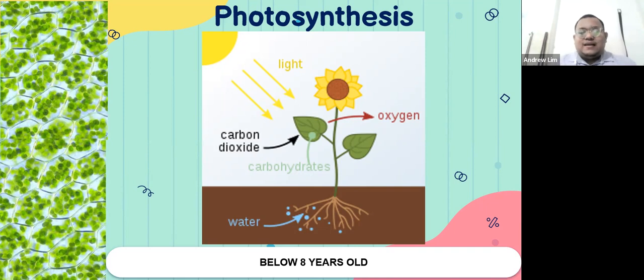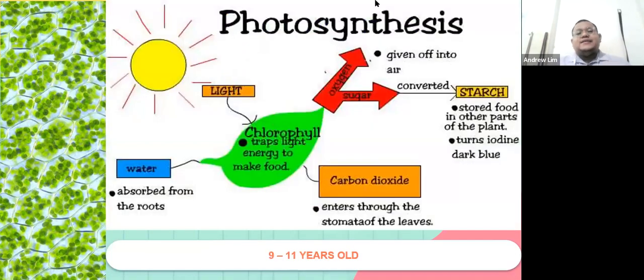All right. If you are 9 years old to 11 years old, do take note. You need to understand this terminology. Basically, the chlorophyll in the leaf traps the light energy to make food, and also makes use of the water absorbed from the roots and the light from the sunlight, including carbon dioxide from the air that enters into the stomata through the leaf.